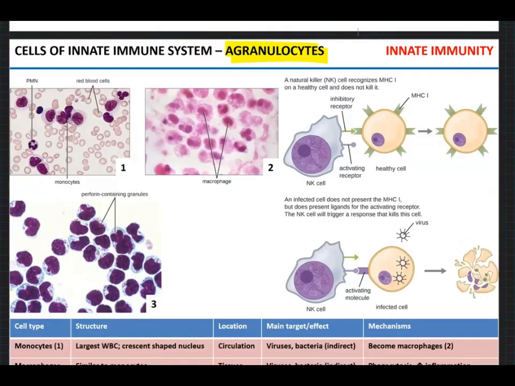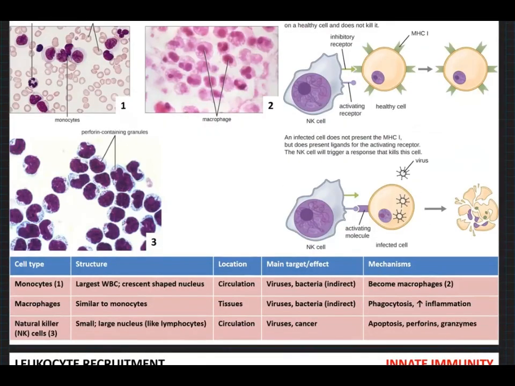Now let's jump to agranulocytes. So, 3 cell types that are found in different compartments: monocytes, macrophages, and natural killer cells. So let's start with the monocytes.